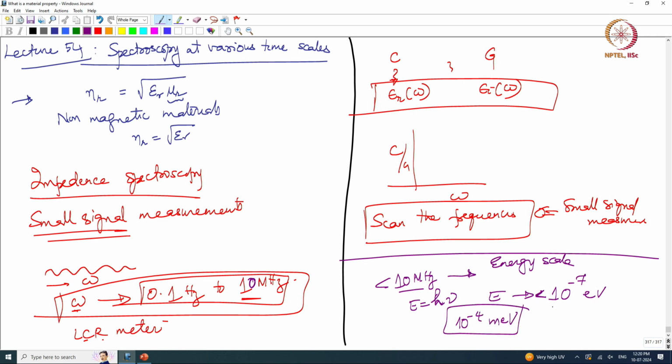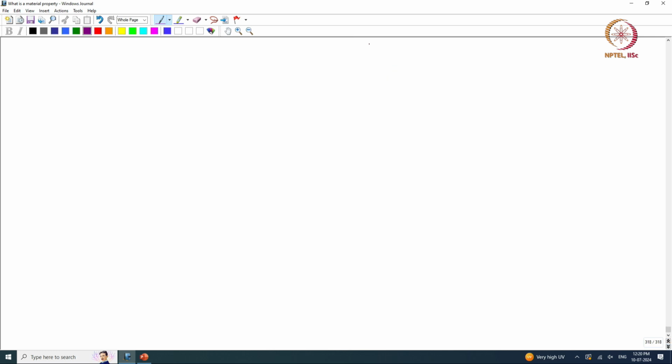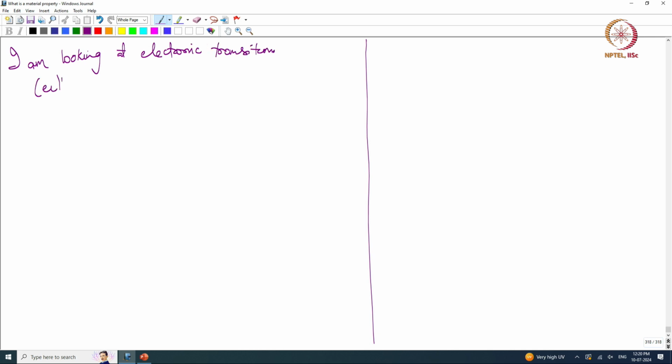Or I am looking at electronic transitions here. So, that means I am looking at electronic transitions either to virtual states or to real states, of the order of something like 1 nano electron volt to less than 100 nano electron volts, let us put it that way.